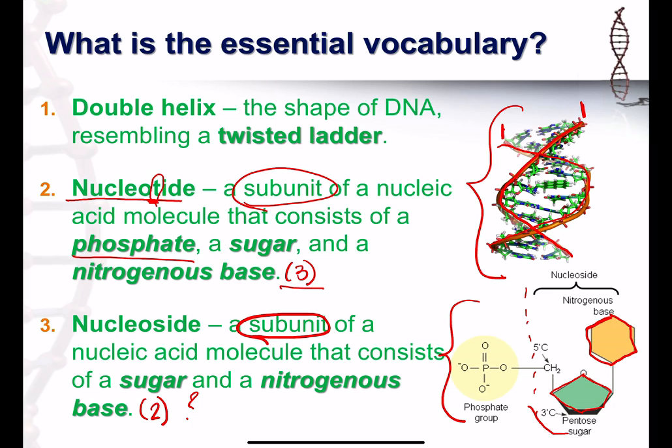The sugar is always going to be connected to the phosphate group and then to a nitrogenous base. The nitrogenous base can change, but the sugar is always going to be connected on one side to the phosphate group. Okay, so remember that nucleotide has three components and nucleoside has two. What is the biggest difference? The biggest difference is this phosphate right here. Nucleotides have them, nucleosides do not.